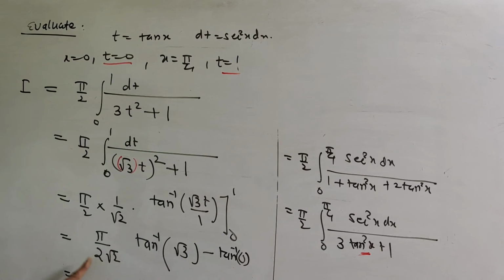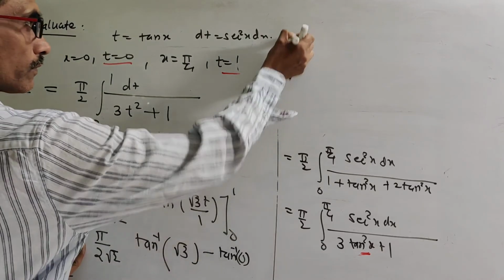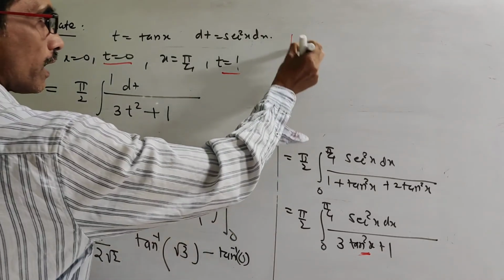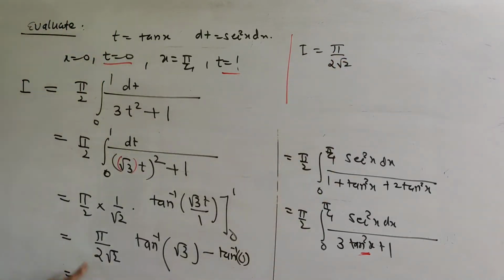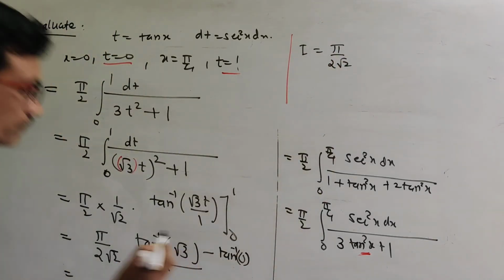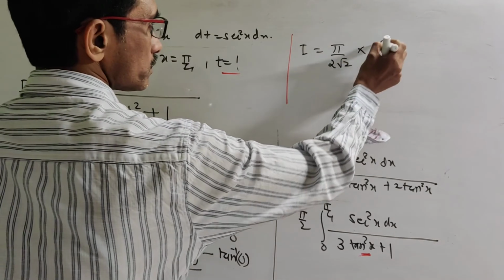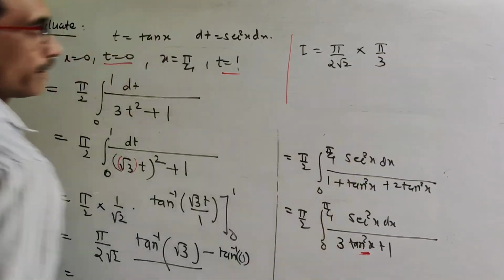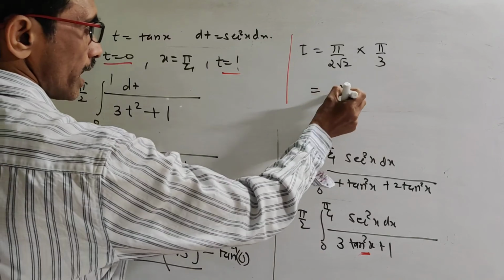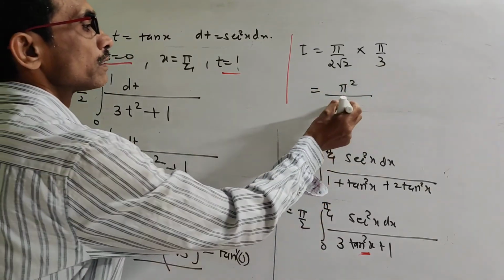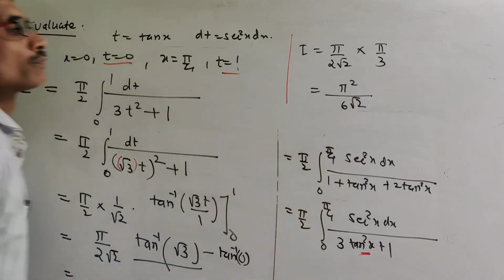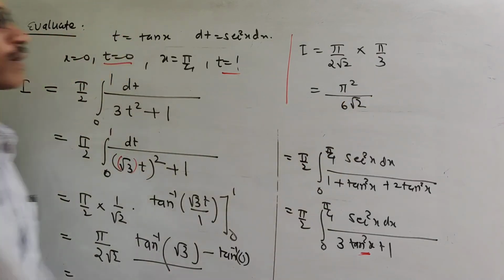So integral I will be equal to pi upon 2 root 2 times pi by 3. So pi square upon 6 root 2 will be the answer.